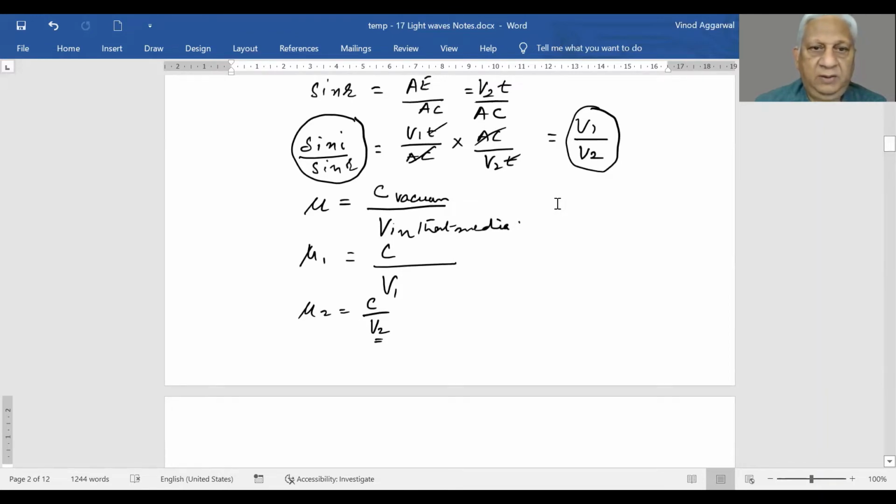And again, if we see sine i by sine r, we take this argument, it is what?